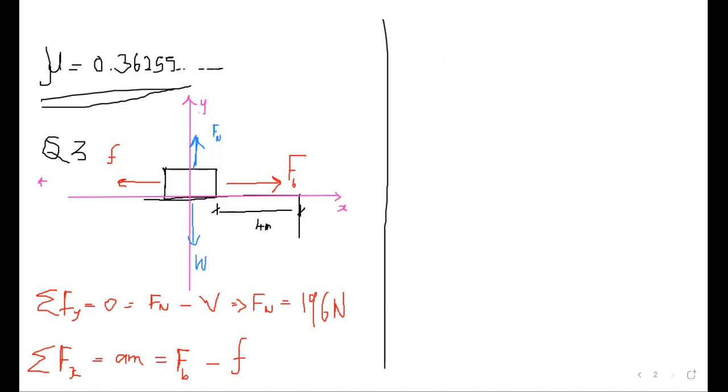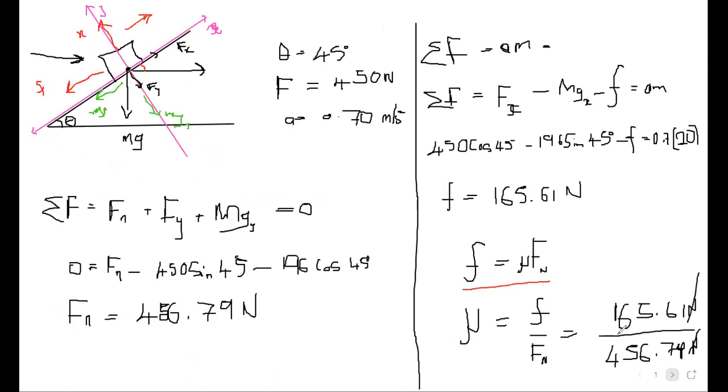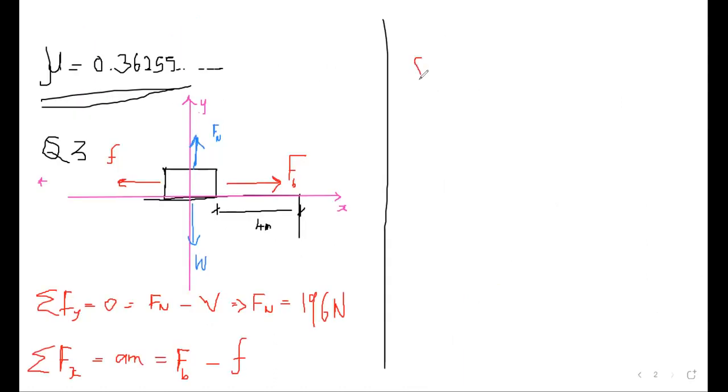If you remember the formula for the friction from the previous board, this guy is the same guy we are going to use. F is actually equals to Fn times mu. Our mu was given as 0.15.